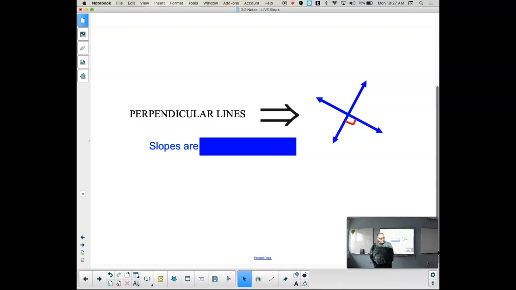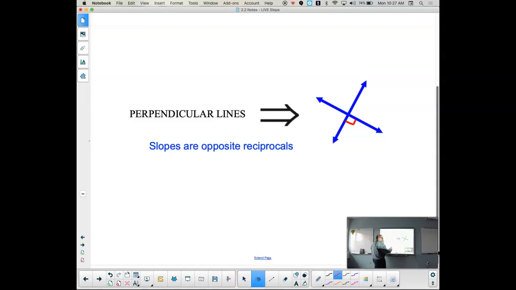And the slopes of perpendicular lines are opposite reciprocals. So there's two parts to that. The opposite tells me that one is positive and one is negative.